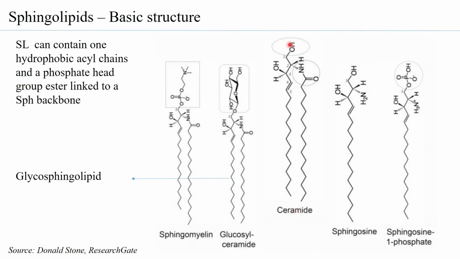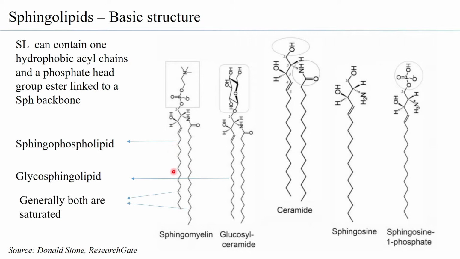Now when you have the H substituted, say by a glucose moiety, then that forms a glucosylceramide, and therefore this is a glycosphingolipid. And this is the sphingophospholipid, which we also consider as a phospholipid in the membrane.